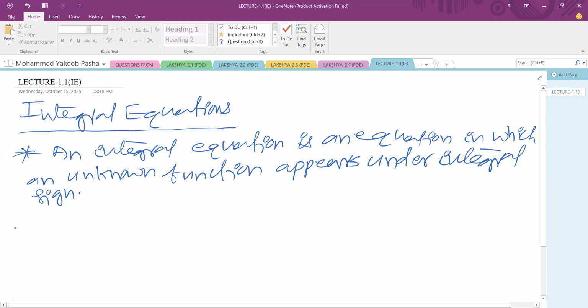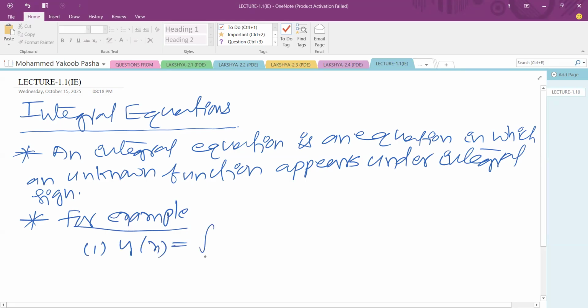For example, you can see the equation. First I am taking a simple example: y of x is equal to the integral from a to b. These may be constants, they may be variables.